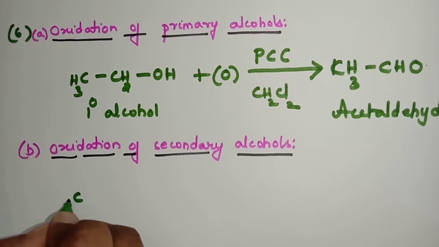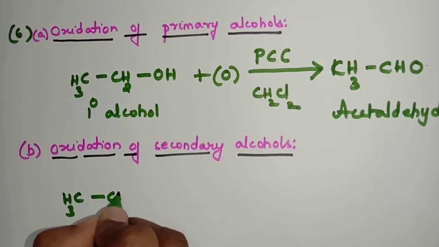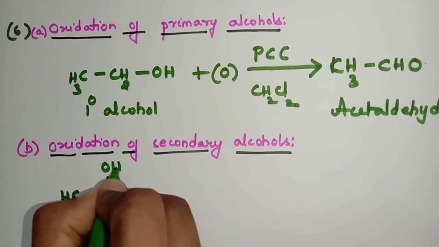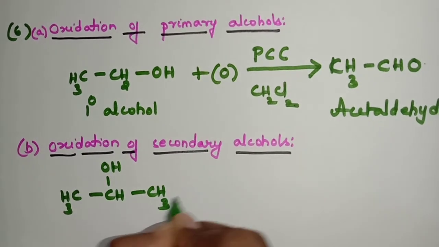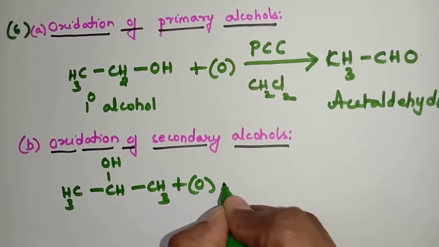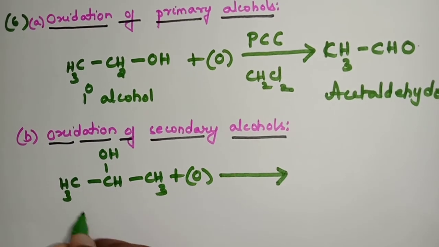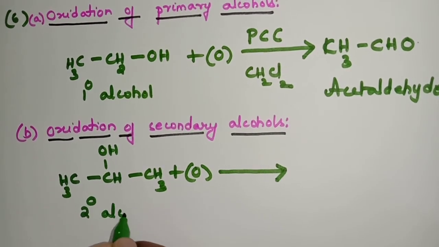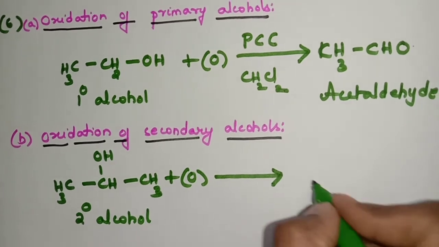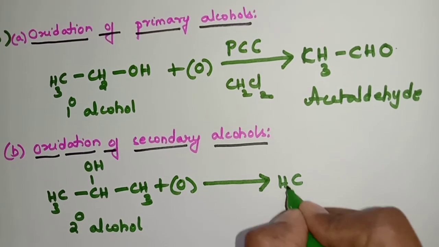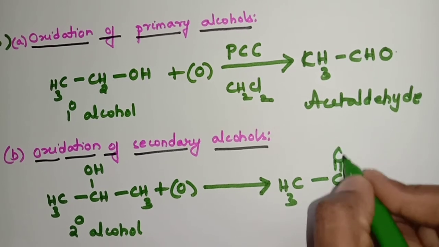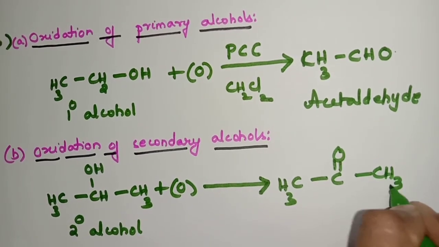So taking CH3, CHOH, CH3 on oxidation with the help of the same reagents as used above, we can prepare acetone, CH3, C double bond O, CH3.